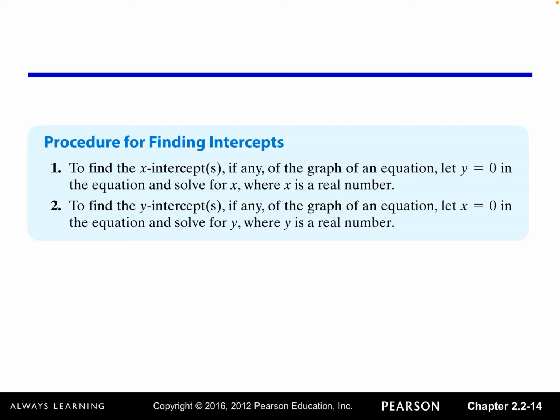If you get a real number solution, then that x is the x-intercept. In order to find the y-intercepts, you need to plug x equal to 0 into the given equation and then solve for y. So those are the steps to find x- and y-intercepts.